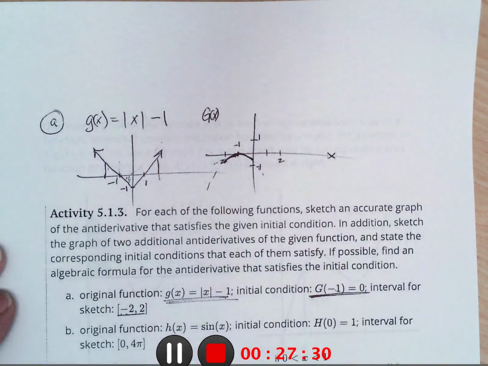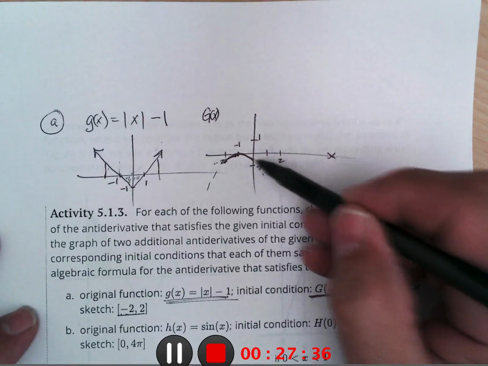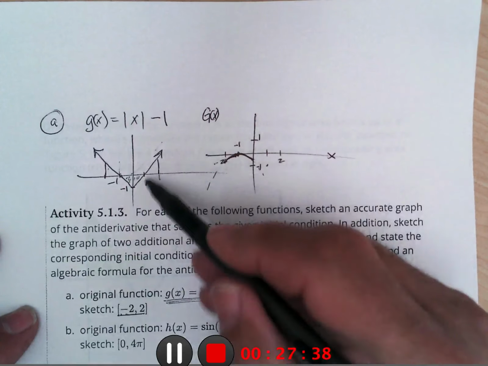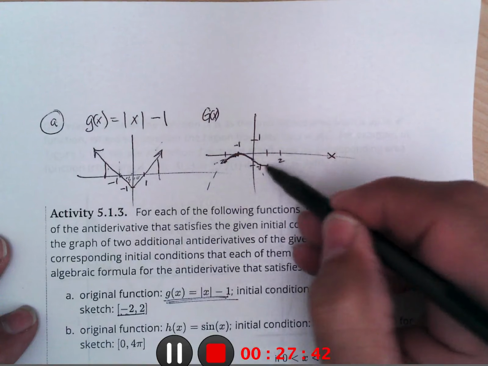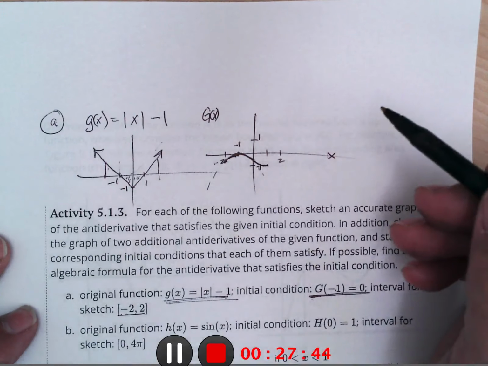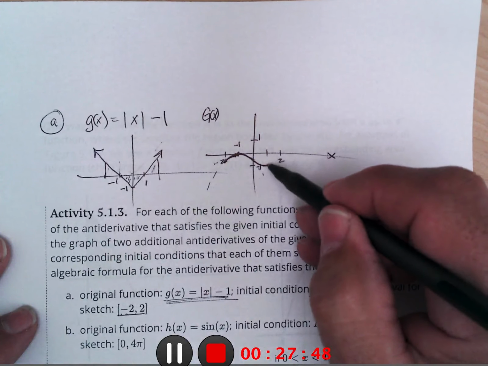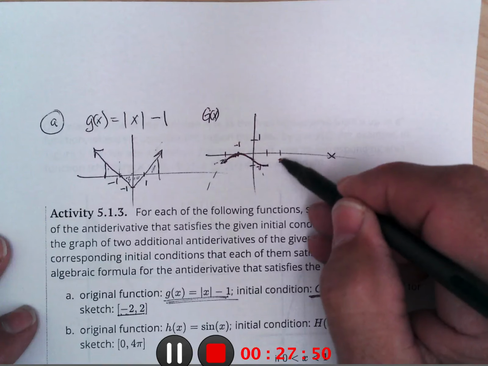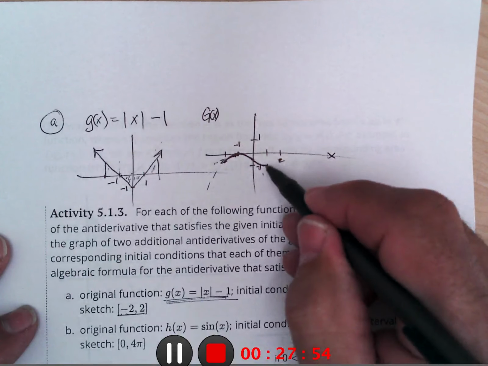And then now it loses another half, so we're down at minus 1. This is a positive slope, so it's a concave up parabola. And then here it gains a half, so we're back to minus a half. It's still a positive slope, so it's a concave up parabola.